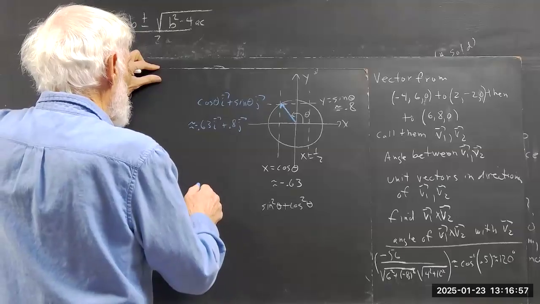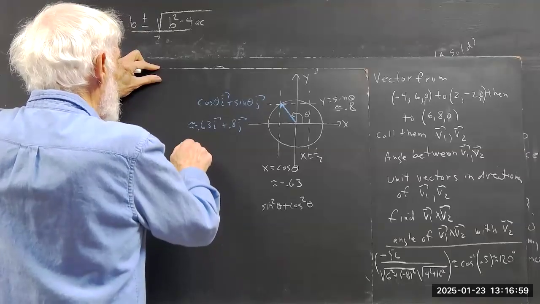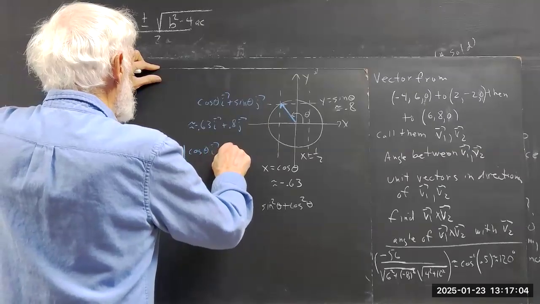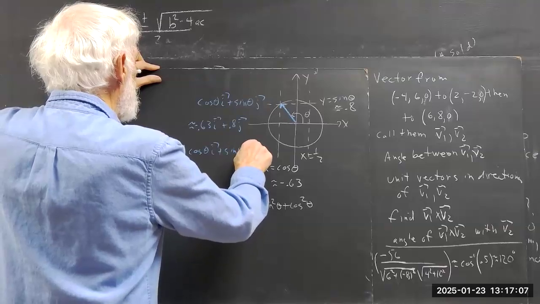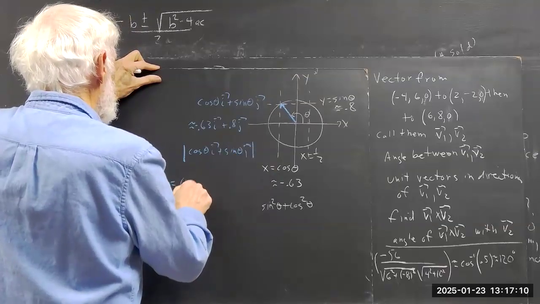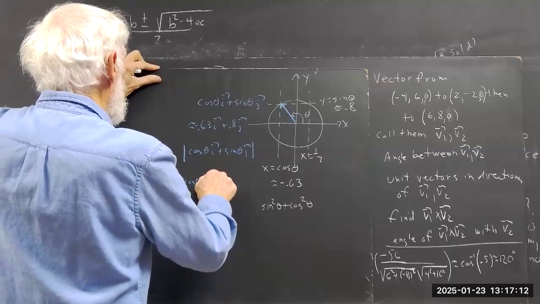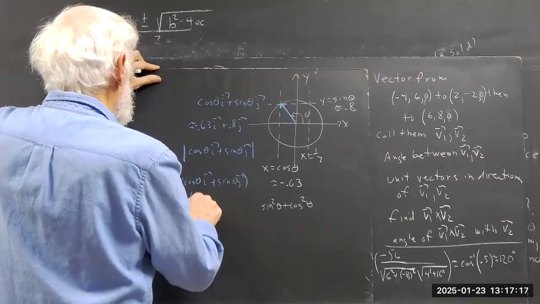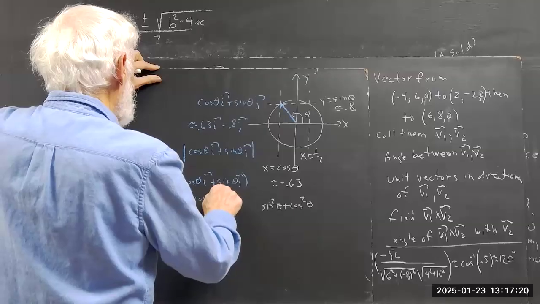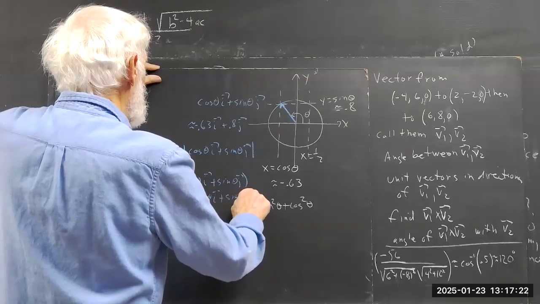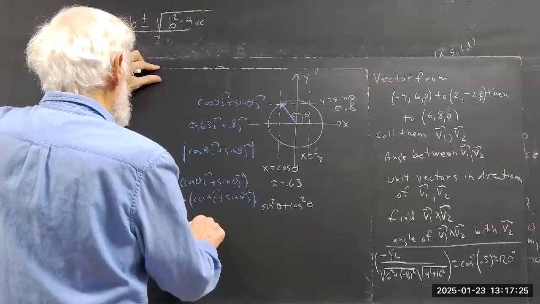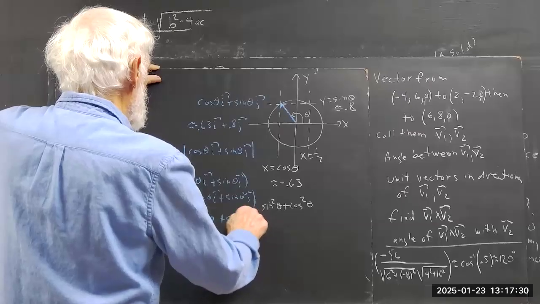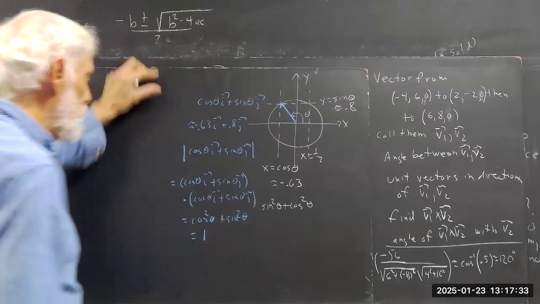Now, the magnitude of cosine theta i plus sine theta j is cosine theta i plus sine theta j dot cosine theta i plus sine theta j, which is cosine squared theta plus sine squared theta, which everybody knows from childhood to be 1.